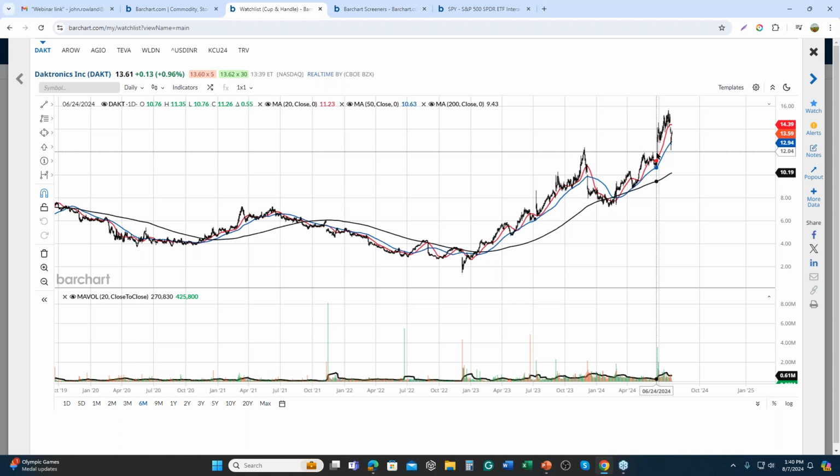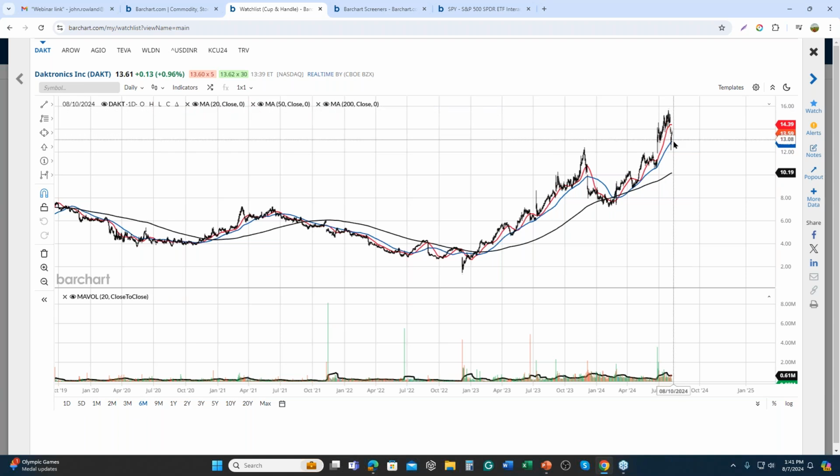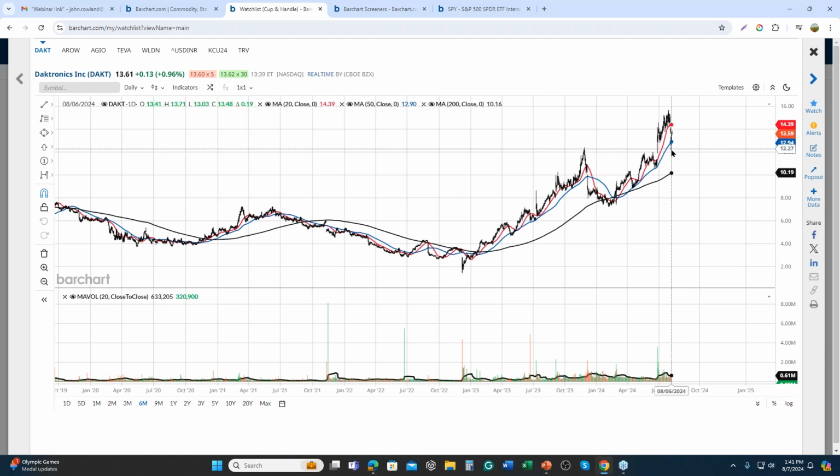So what you typically do see is that after the market makes a new peak high, you will have a retest or a retracement where you're going to make a new higher low. And that higher low tends to be in the area of where the cup and handle broke out.